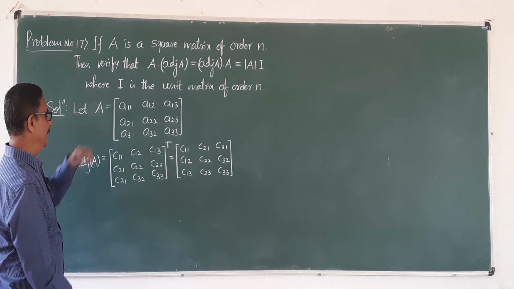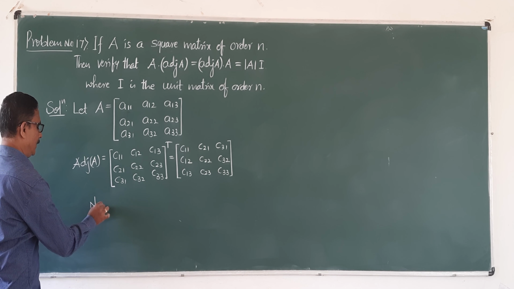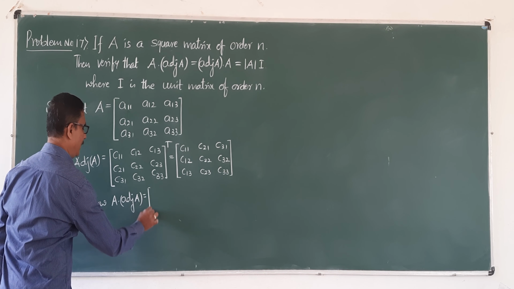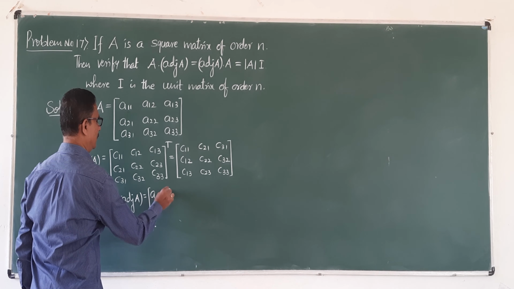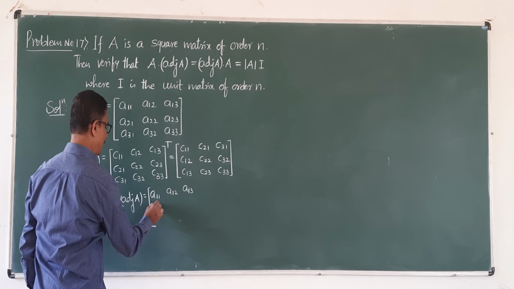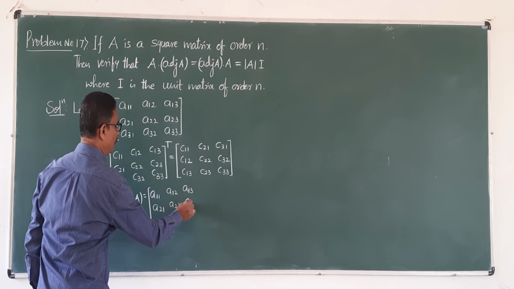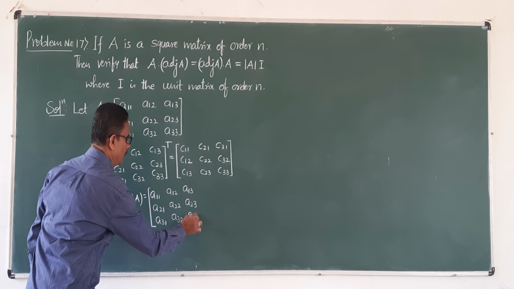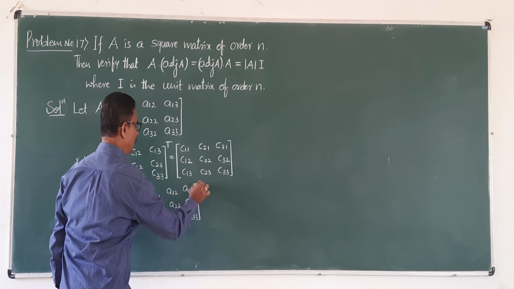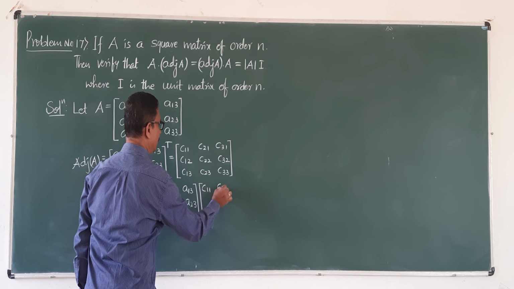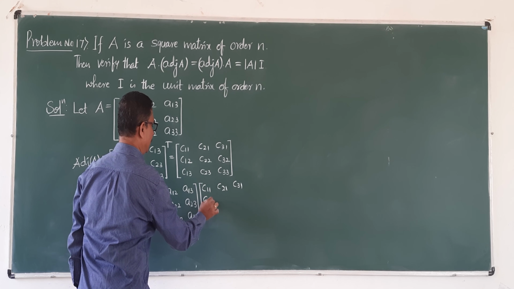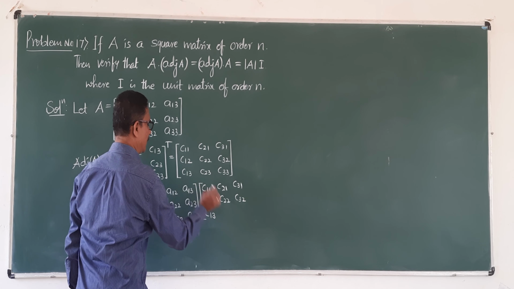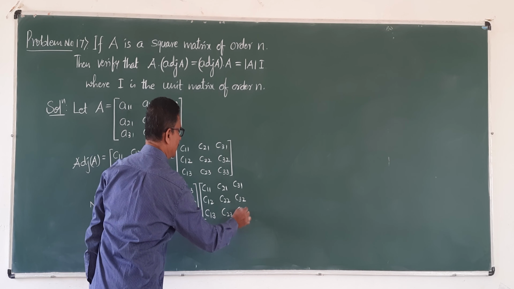Now to find A into adjoint of A: A into adjoint of A is equal to the matrix A, which is A11, A12, A13, A21, A22, A23, A31, A32, A33, into the adjoint matrix C11, C21, C31, C12, C22, C32, C13, C23, C33.